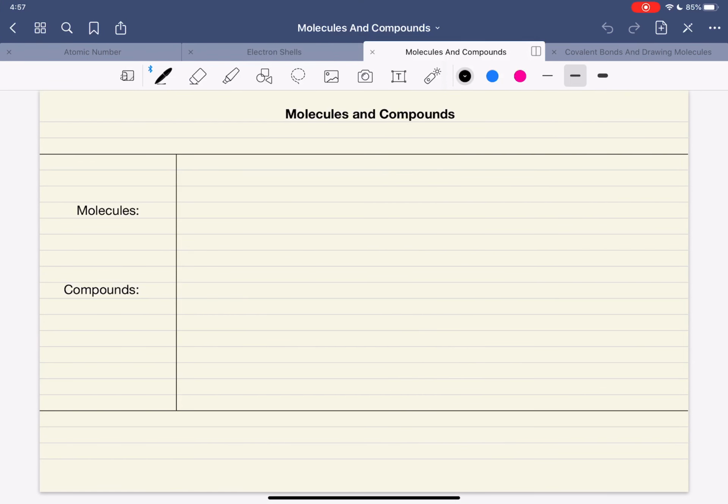Remember, these are specifically held together by atoms that are sharing electrons. So I'll start simple. One that you're currently breathing in. Let's go with oxygen gas. It's 2 oxygen atoms forming bonds together. That's a molecule.